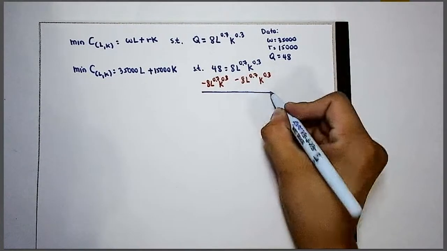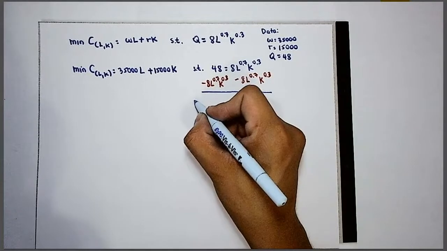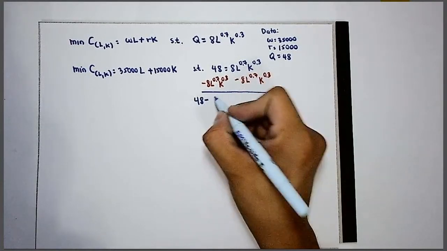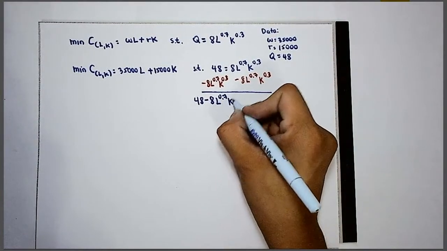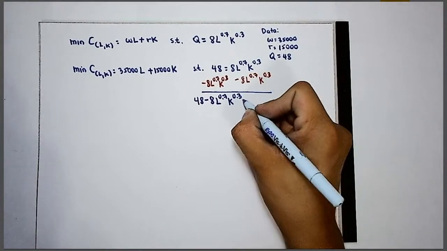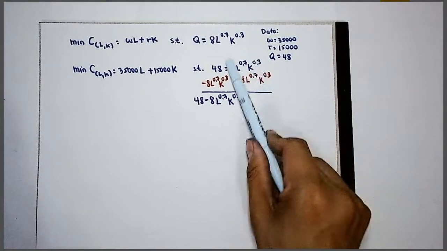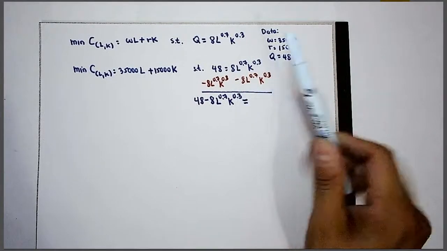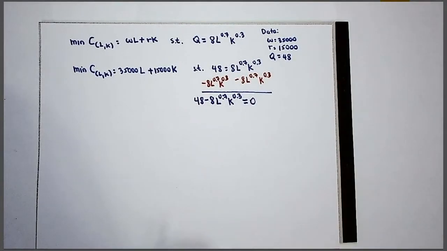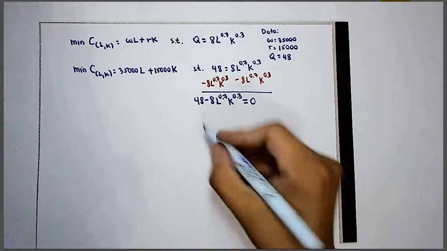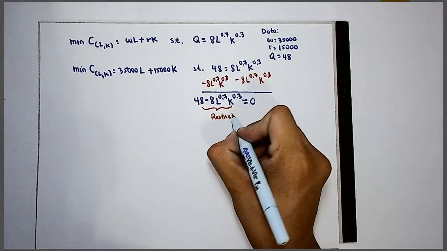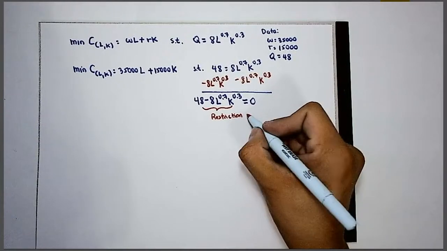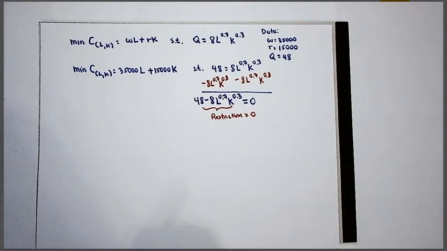In that sense, here on the left side, we will have 48 minus 8L to the 0.7, K to the 0.3. And on the right hand side, this minus this will be equals to 0. And remember, we always need to have it in that way because our restriction, when we write it in the Lagrange function, has to be equal to 0.